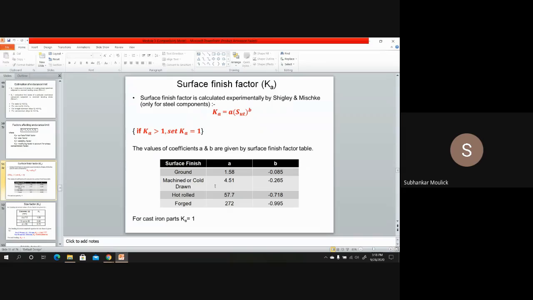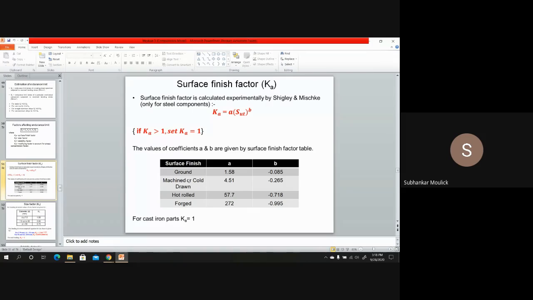Again, no need to remember these values. They are given in the design data book. If you see the design data book which I have given in the Google Classroom, this data is there. Any doubt so far? No, sir.